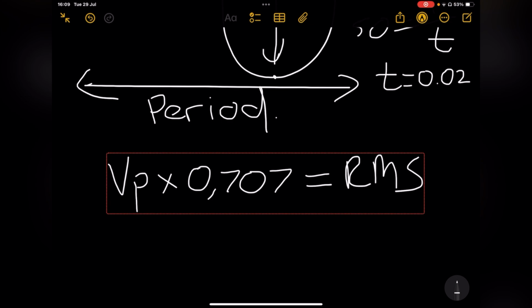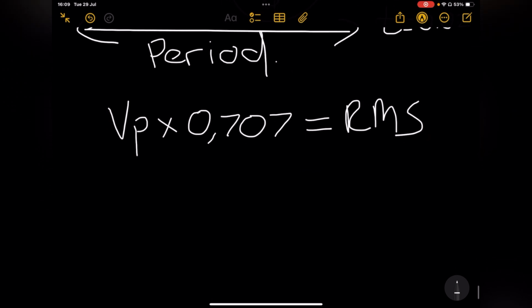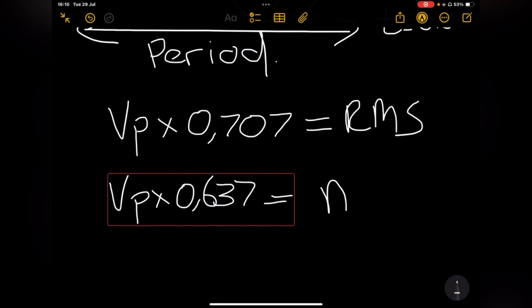What's another one that's important to understand is the average value. Why is the average value important to understand? Well, because people often use it in crest factor and form factor, which is something I'm going to come to right now. The voltage peak times 0.637 is considered average. Average voltage.